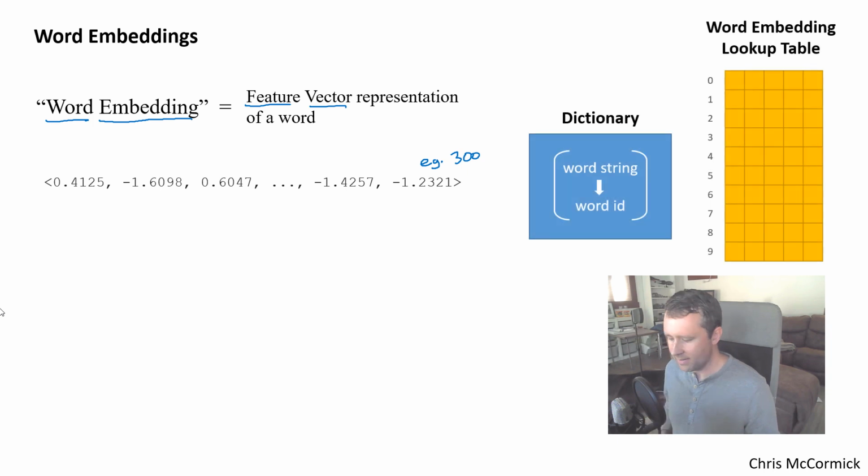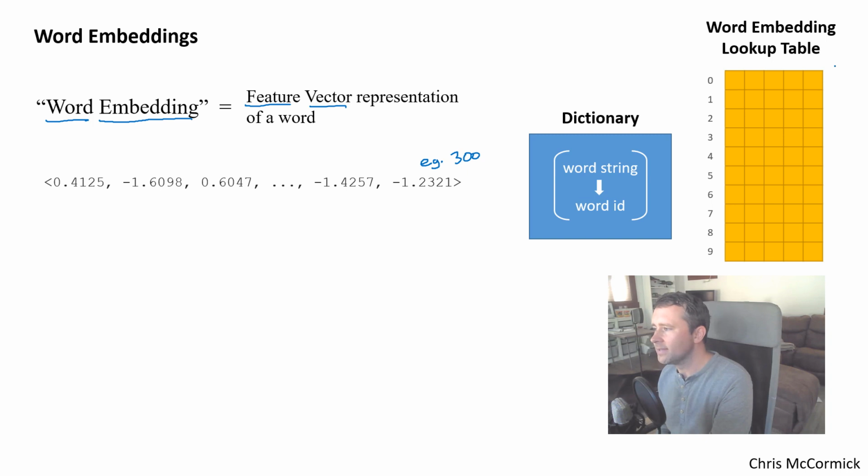And here's kind of the components of that we work with. So there'll be a word embedding lookup table where every row of the table corresponds to a different word. And just for this example, I'm using a tiny vocabulary size of 10 words and only 5 features per word.